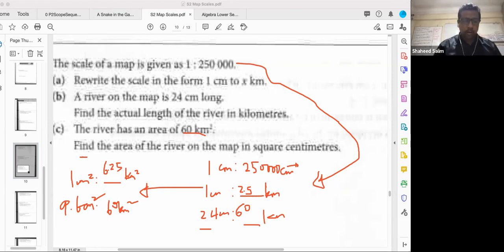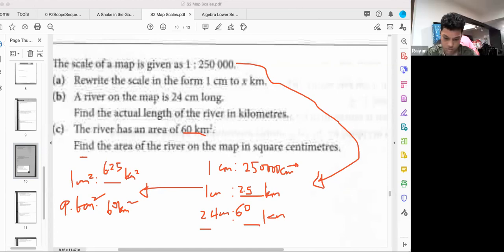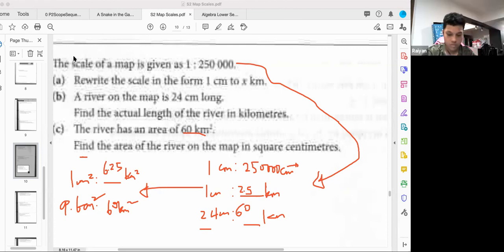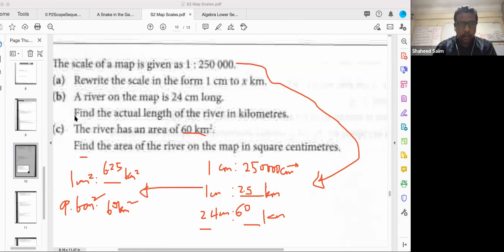Okay, just one moment. Give me just a moment. Okay. Let me just look. I'll just show the worksheet.